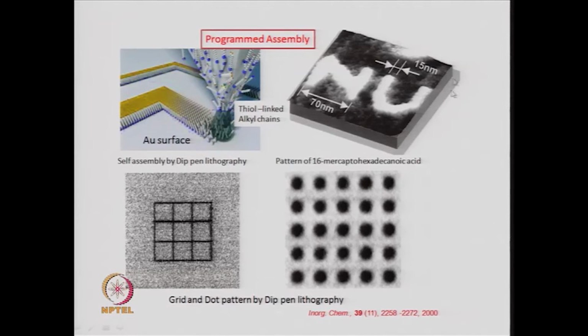This is a real picture where you can see that something has been written with molecules, and this dimension is 70 nanometers, and the thickness is around 15 nanometers. Basically, this thickness is 15 nanometers, so the orifice diameter is probably close to 15 nanometers, and that is why you can get this kind of lines.